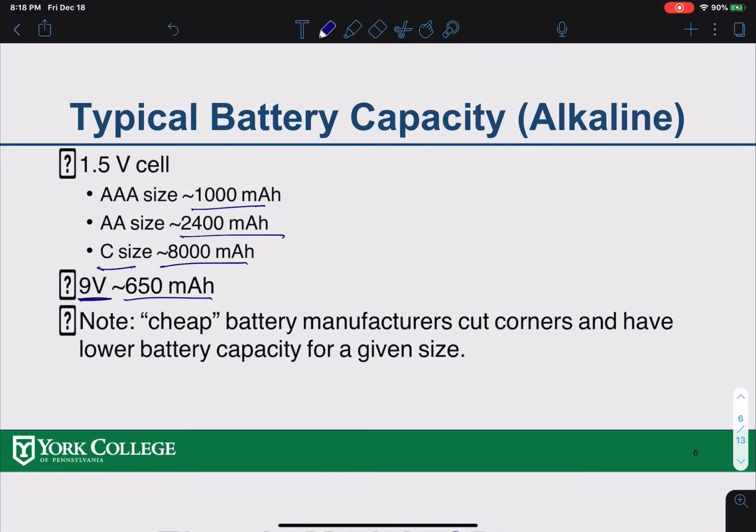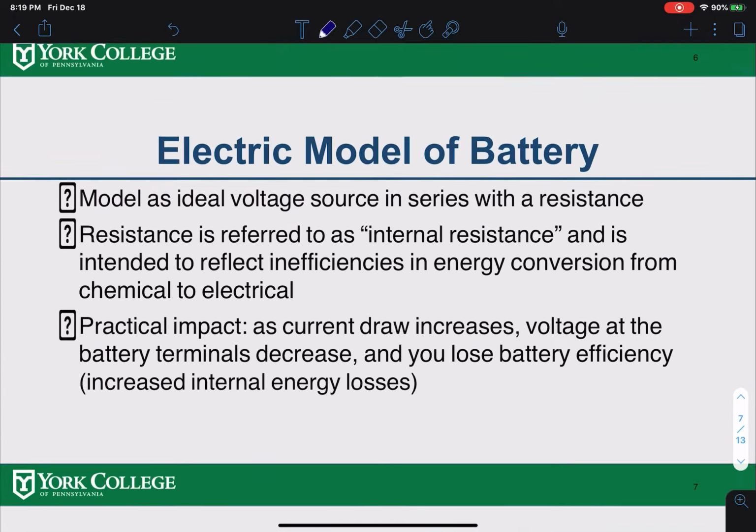So if you buy a cheaper battery, you might not be able to use it for a longer time, because when it discharges, it's going to drop the voltage very quickly. That is not usable for a longer time. So sometimes cheaper battery companies try to cut corners, and that does not do a good job for the consumers.